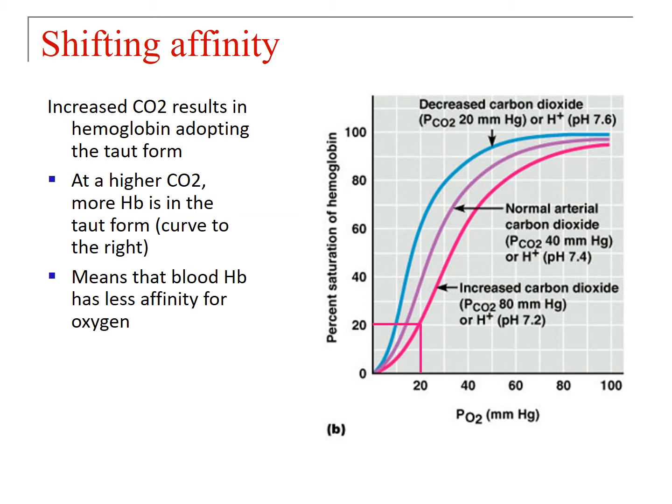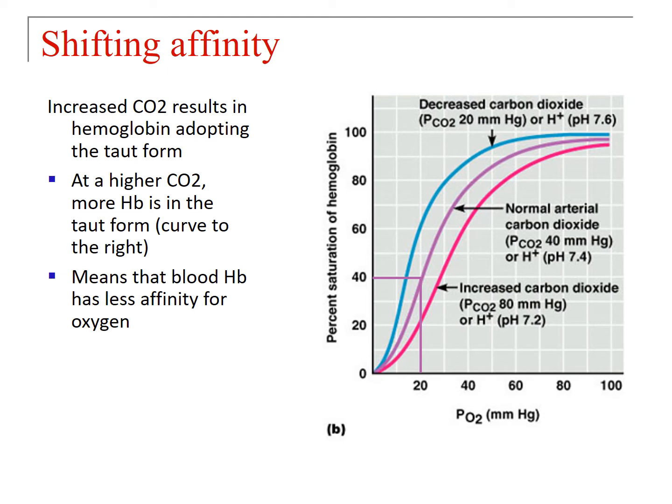Now let's take a look at the normal mix of hemoglobin. At a normal mix, there's more relaxed form than there is at the lower pH. What this means is that overall, the hemoglobin in your bloodstream is on average going to have a higher affinity for oxygen. And it means that at a PO2 of 20, you're going to have more saturation of the hemoglobin. Let's step back for a second and realize what this says again.